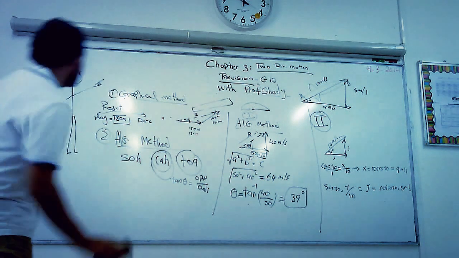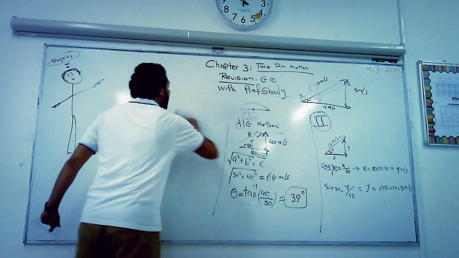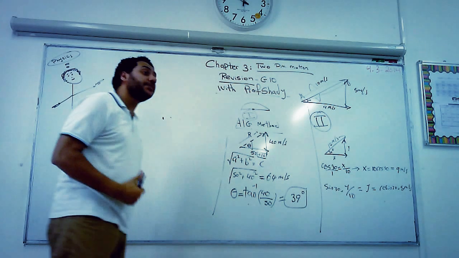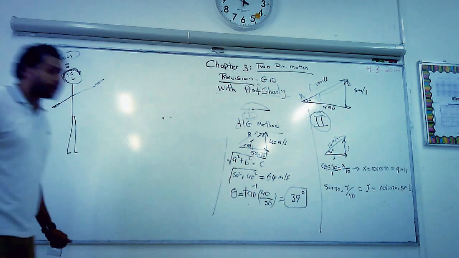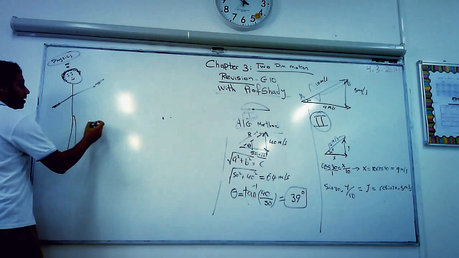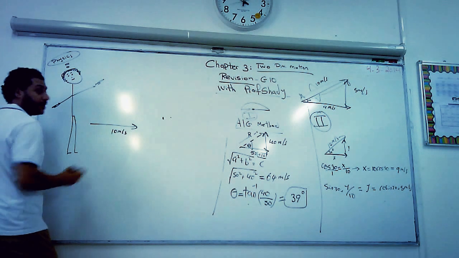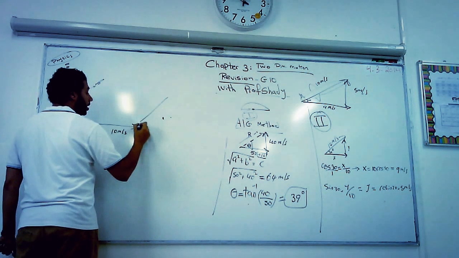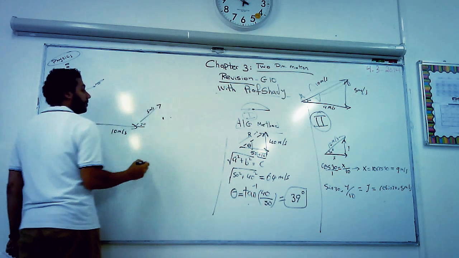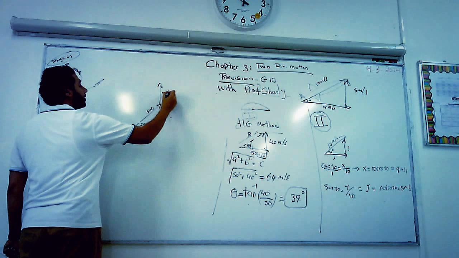Very good. So let's move to adding vectors that are not perpendicular. In order to add vectors that are not perpendicular, we need to use my secret. Whatever the problem is telling you, suppose we have a very complicated problem, like an airplane that moves at 10 meters per second to the east, and then at 30 degrees from the horizontal, it moved 5 meters per second, and then to the north with 2 meters per second.